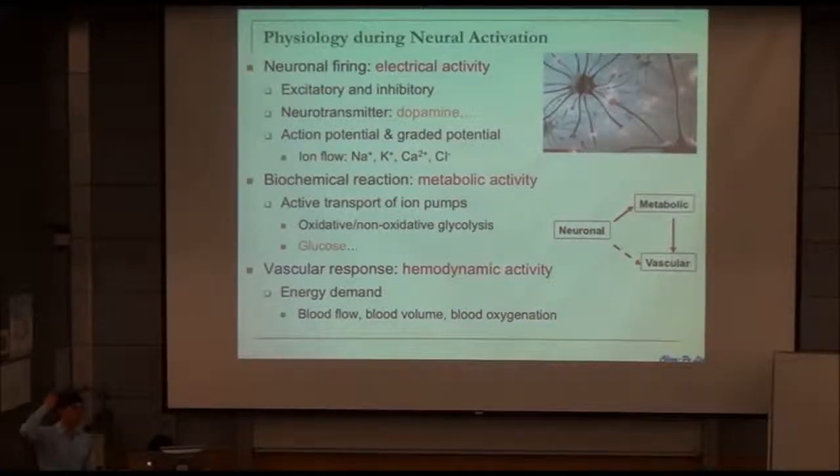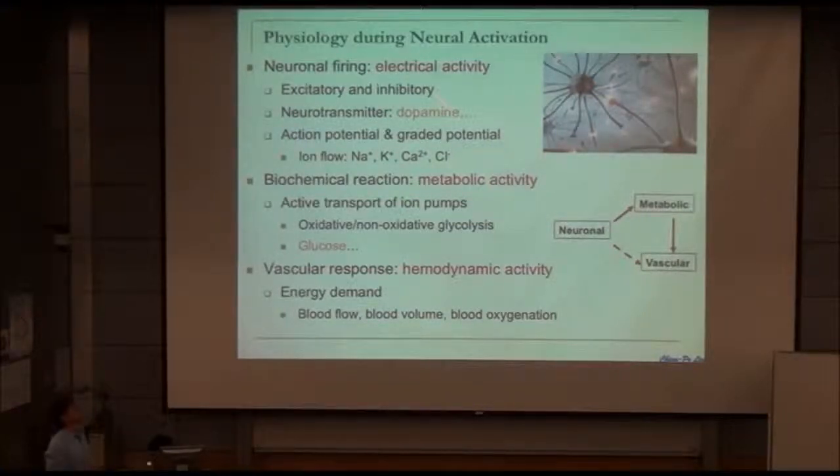That means we must detect the signal outside of the brain, right? So when we measure the signal outside of the brain, we must think about what kind of information we can measure. There are different kinds of information that we may measure outside. One is the electrical activity. That is more direct, because we know that when there is neural firing, there is neural activity.